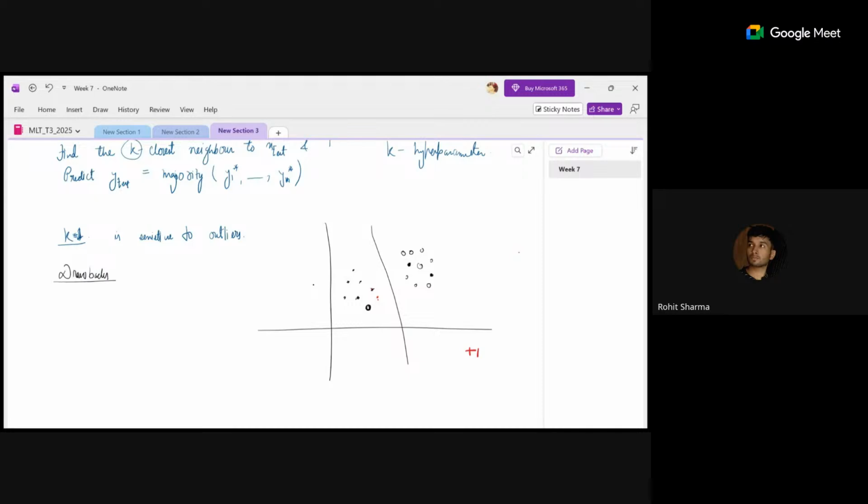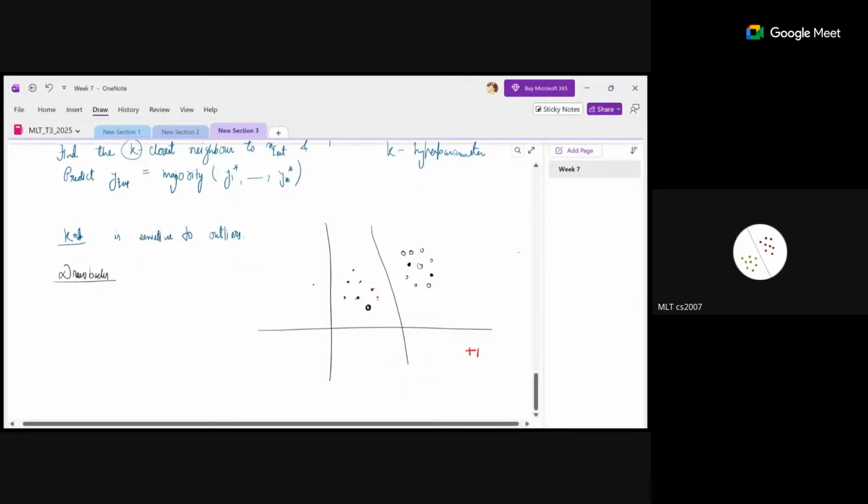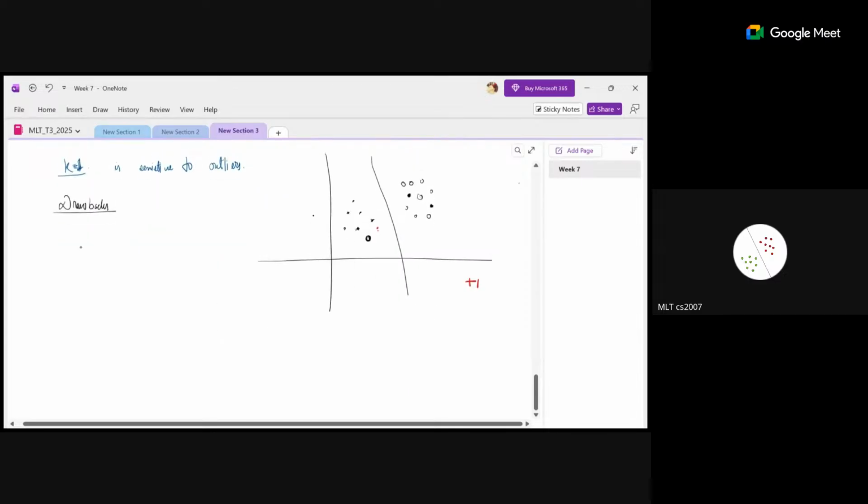And what if it is 2 or 3? The number of points increases. As you increase k, you are going to look at more and more neighbors. If you put 2, then maybe these two are the closest. If you put k equal to 3, then these are closest.